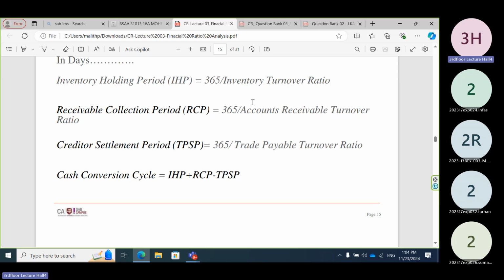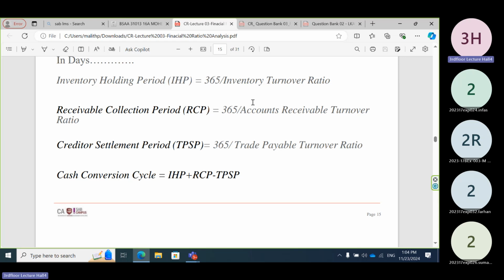First two items plus, second item minus. Altogether, we are saying that cash conversion cycle. The first two we are always trying to increase, the third one we are trying to decrease.